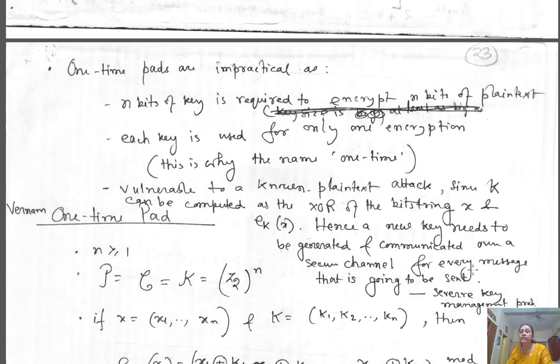This causes a severe key management problem. So the first issue is that every time the key has to be generated and sent through a secure channel. Another problem is key size. If your plain text size is n bits, the key size is also n bits. These points essentially cause a severe key management problem for the one-time pad. That's why it's impractical.